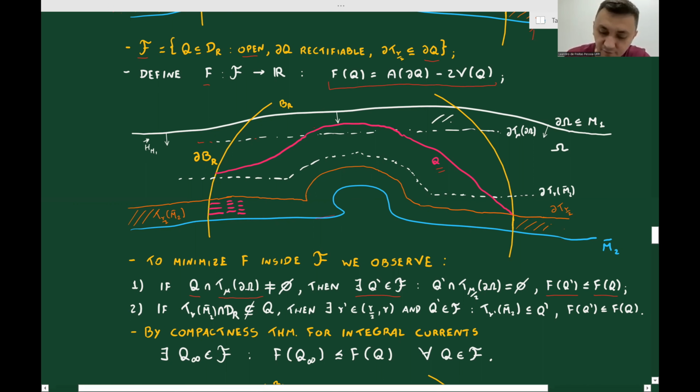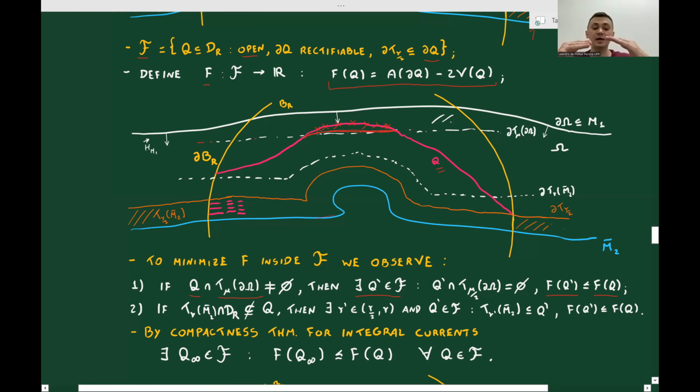So in this case here, we can just modify our subset like this, and we can erase this part. This first condition is just to say that the boundary of our subset Q is far away from the boundary of omega.